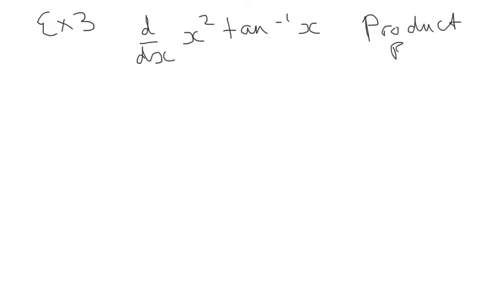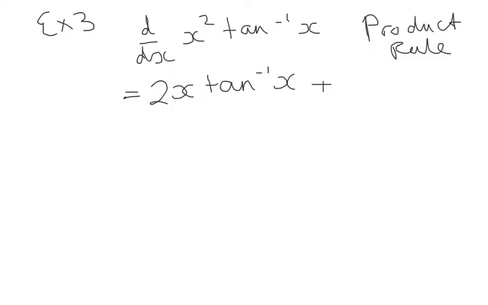Example 3. Find the derivative of x squared inverse tan x. So this is the product rule. First we take the derivative of the first function, which is x squared, 2x, multiplied by the inverse tan, left alone.